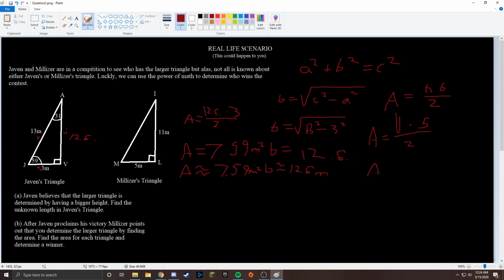Okay, so plugging that into your calculator should give you 27.5. Wow, that is significantly bigger. So Meliza wins.